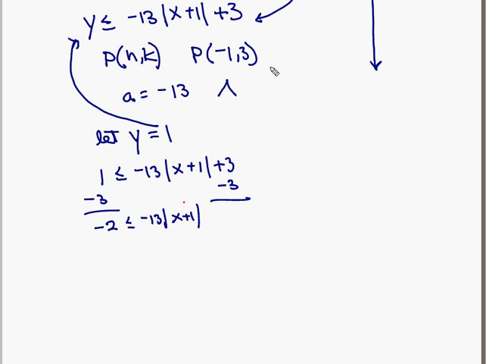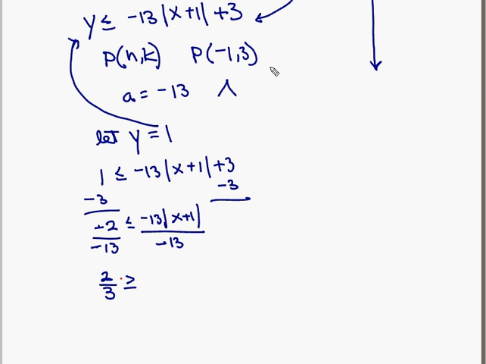Remember, when you divide an inequality by a negative number, you flip or reverse the inequality sign. So here I have negative 2 over negative 13, which is 2/13. Now this becomes greater than or equal to the absolute value of x plus 1.